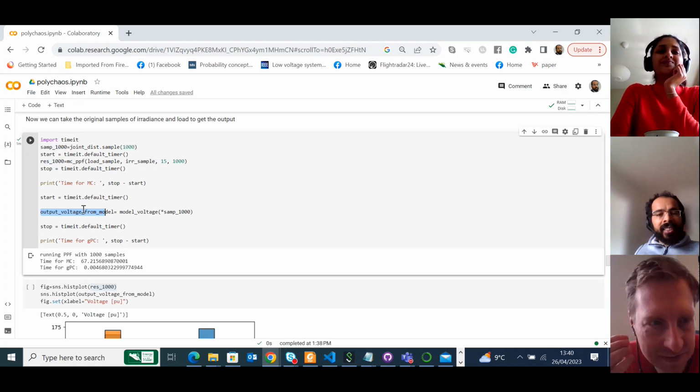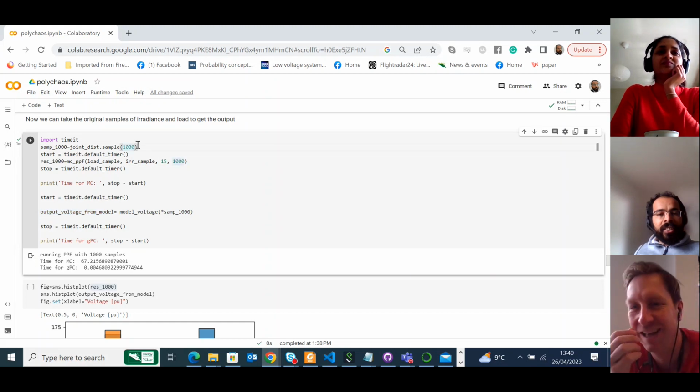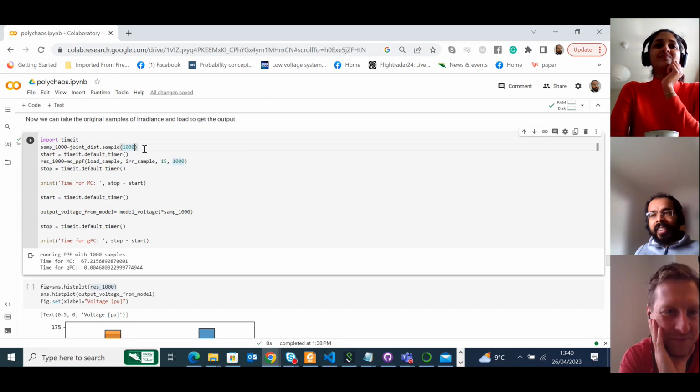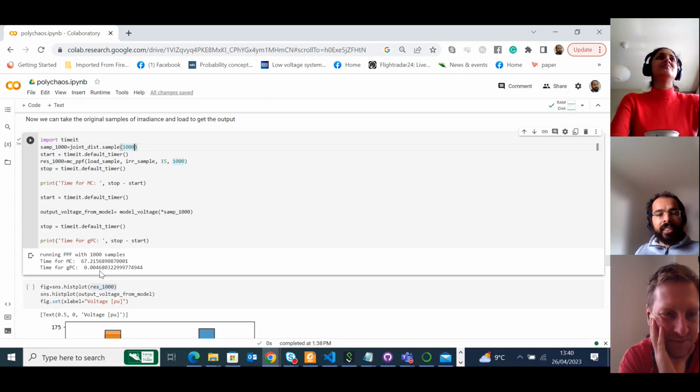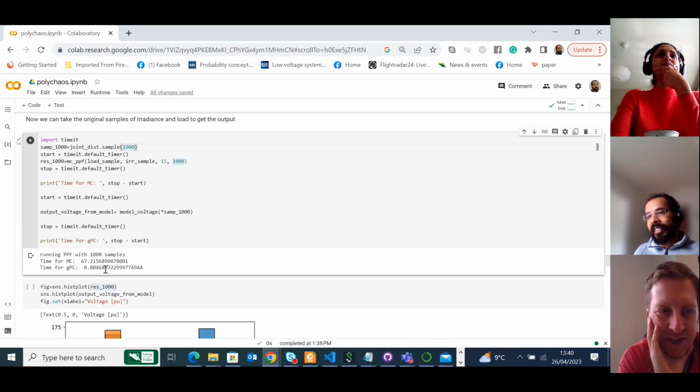And here you just pass it through the polynomials. So you just add a zero here, sample it, and then pass it to the polynomials. It will take maybe from 0.0046 to maybe 0.046 or something like that. So it is 2 times, and here it increases by 10 times or more than that.